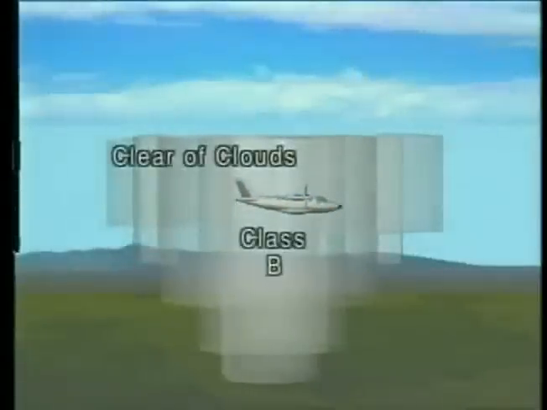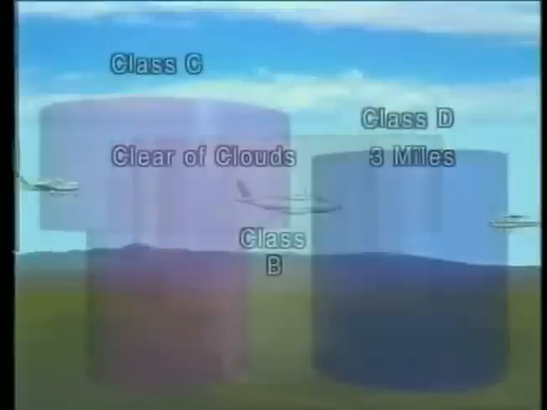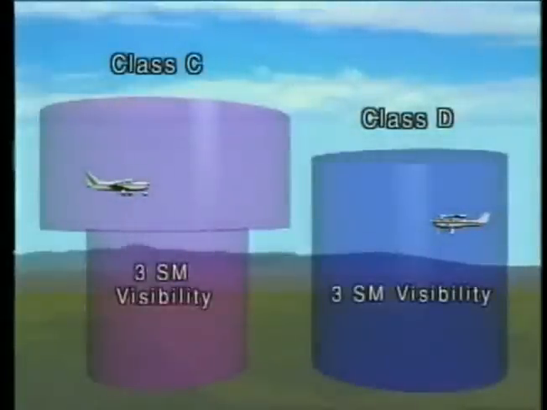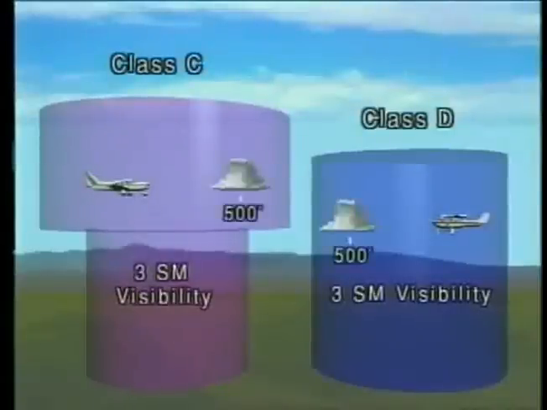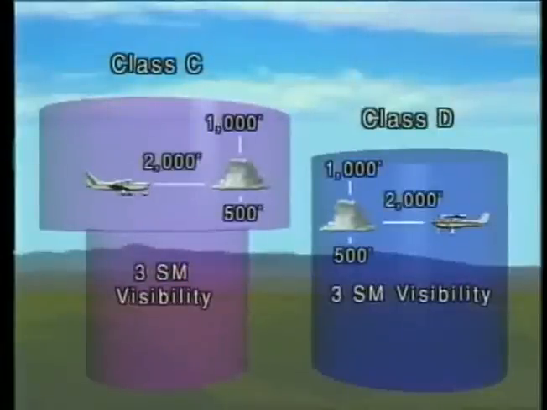To operate VFR in Class B airspace, you must remain clear of clouds and maintain at least 3 statute miles flight visibility. You must also maintain 3 statute miles visibility in Class C and D airspace, but the cloud clearance increases to 500 feet below, 1,000 feet above, and 2,000 feet horizontally.